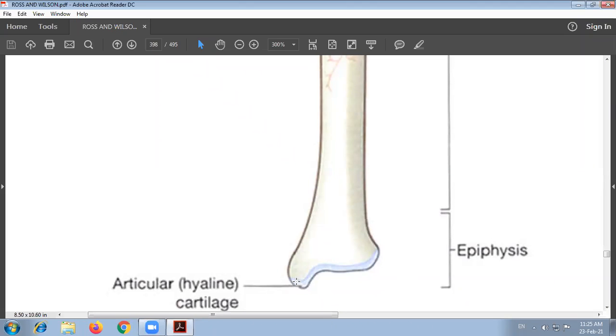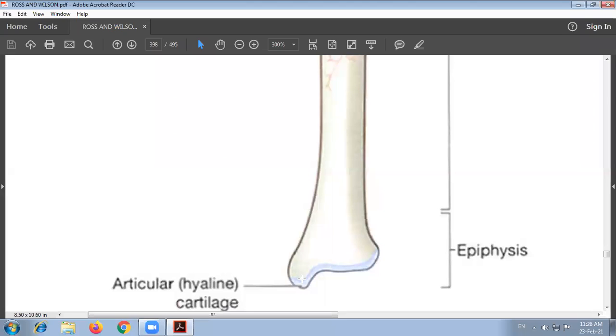This is one type of cartilage which keeps the bones joined together. It has the capacity to reduce the friction between the two bones, because bones are hard in nature, and without any lubrication they will not stay together. During any type of movement, friction occurs between the bones.